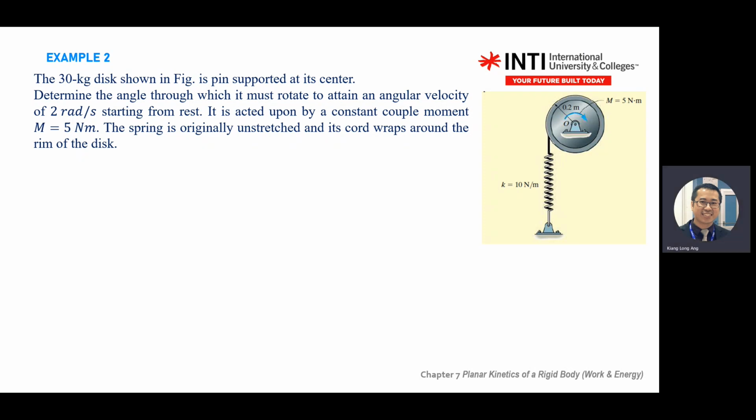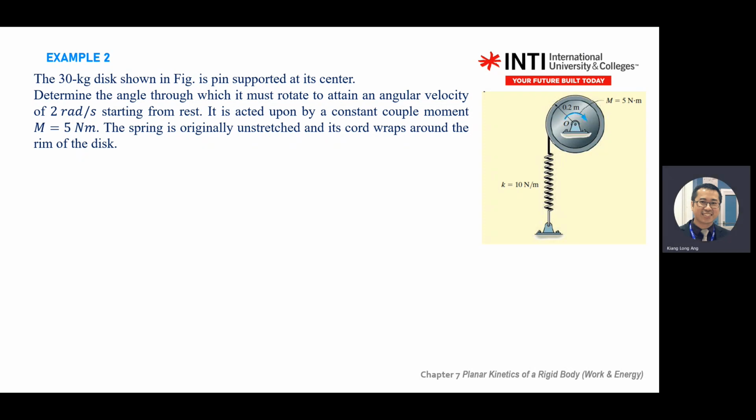Here, determine the angle through which it must be rotated to attain angular velocity 2 radian per second. So how many angles should you turn the disc so that when you let go, you get the angular velocity omega 2 radian per second. This starts from rest.